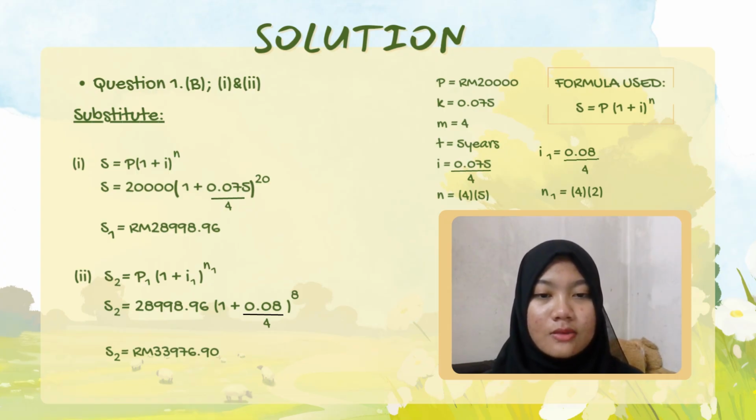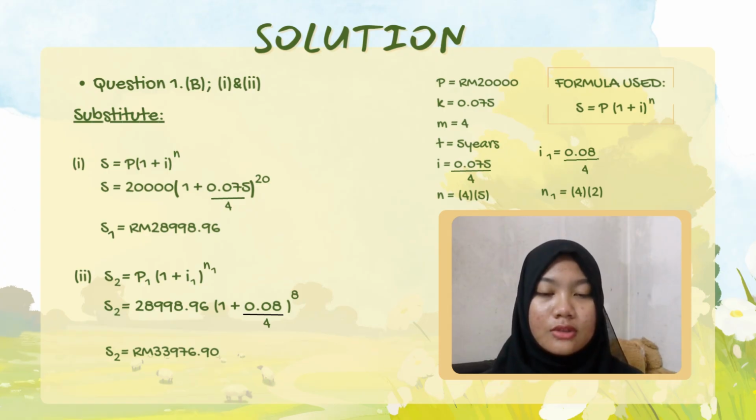Then the answer for the first question is RM28,998.99. For question 2, we use the answer from the first question as P1. We are going to find the amount in Bazila's account at the end of the 7 years of investment. We substitute the numbers.